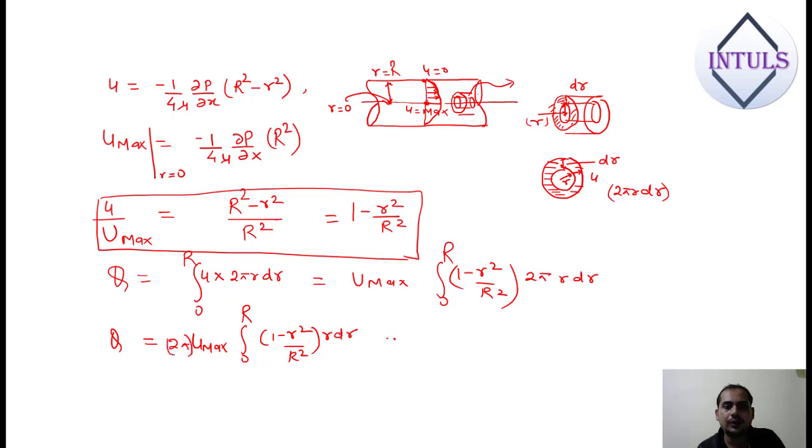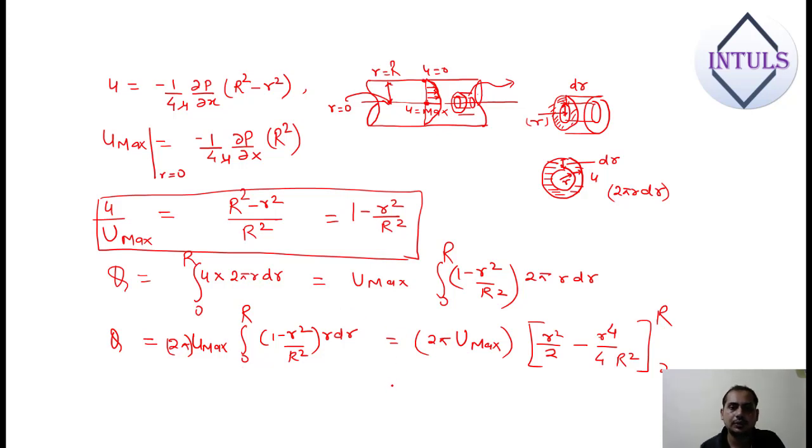If you integrate it, you will get 2 pi u max, and this will be r, so r square by 2, and this will be r cube, that means r to the power 4 by 4 R square, from 0 to R. If you put the limit, then you will get R square by 2 minus R square by 4.